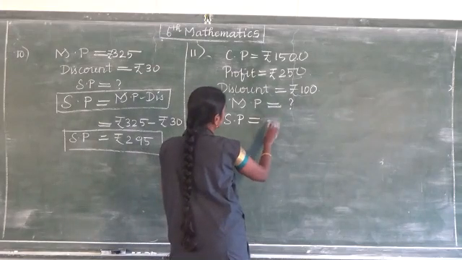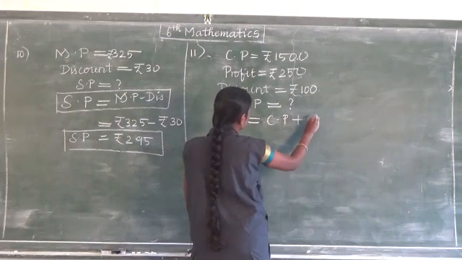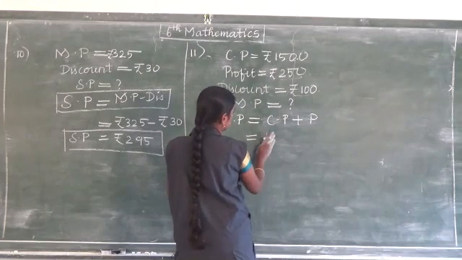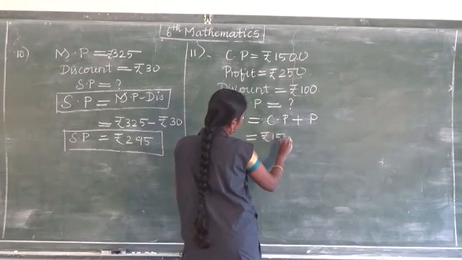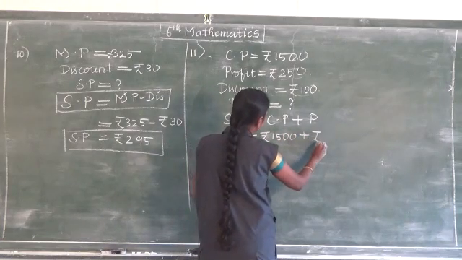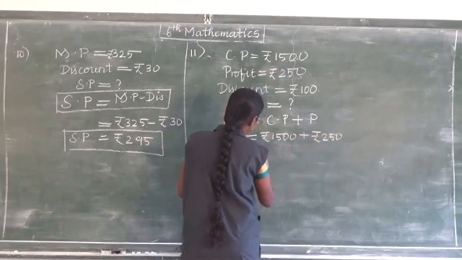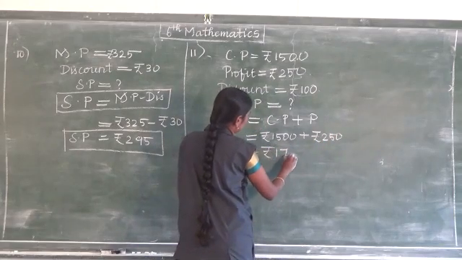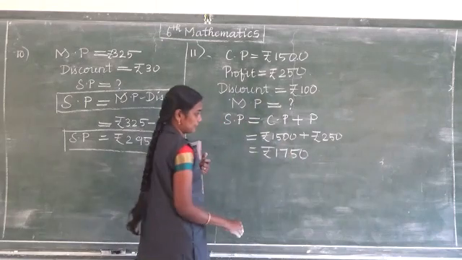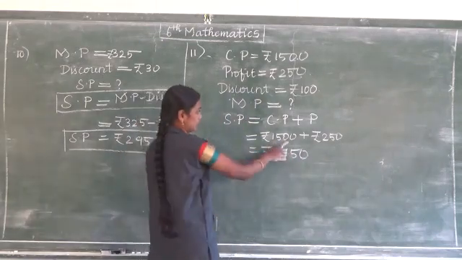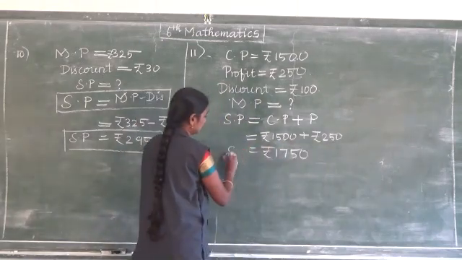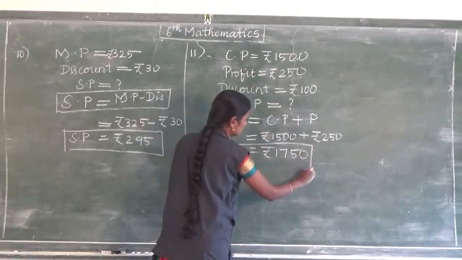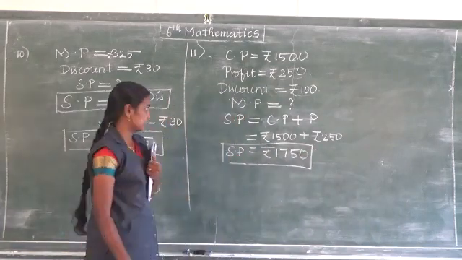1500, cost price plus profit. 1500 plus 250 is 1750. So the selling price is 1750.